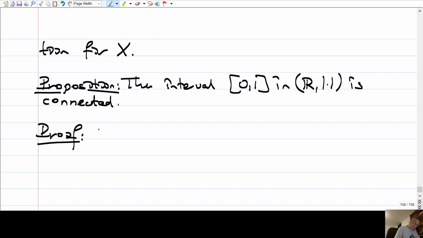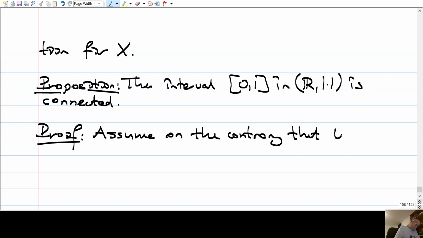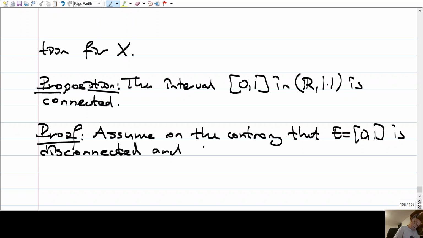So assume, on the contrary, that this subset E is disconnected, and A, B is a separation.